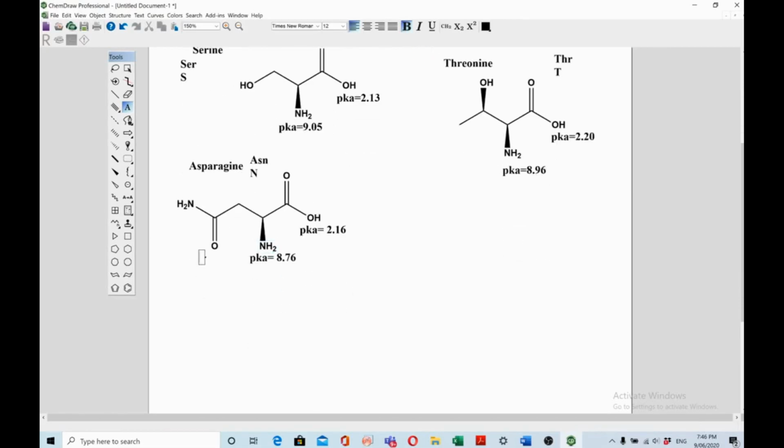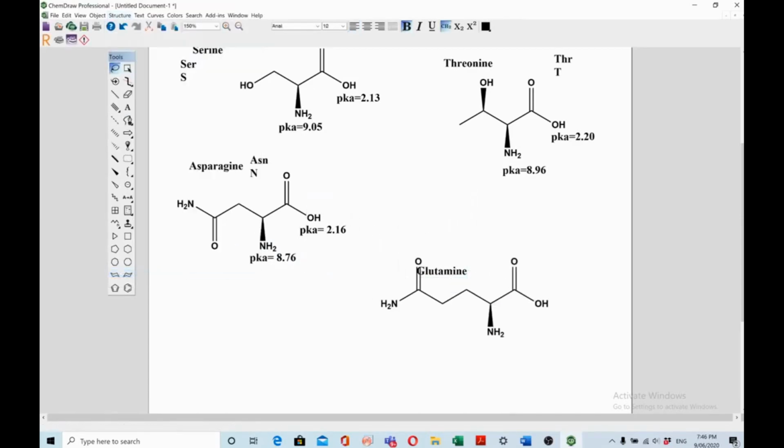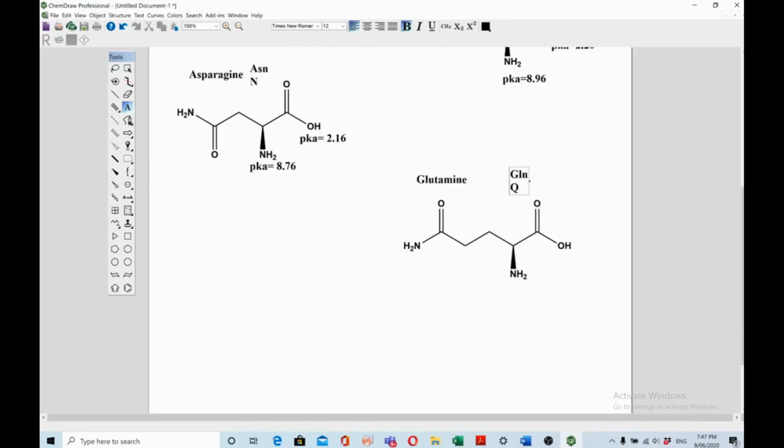The next amino acid is glutamine, and this is glutamine, GLN, and its 1-letter code is Q. So the 1-letter code is Q and the 3-letter code is GLN.